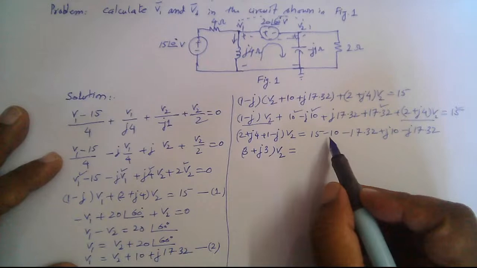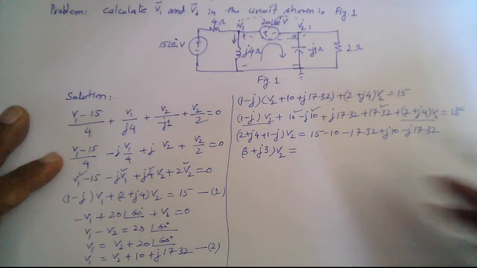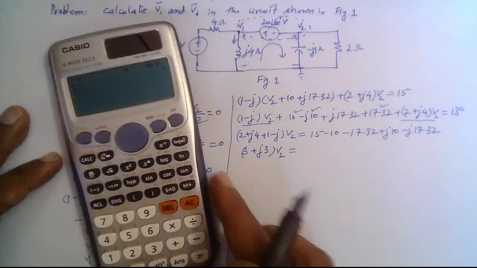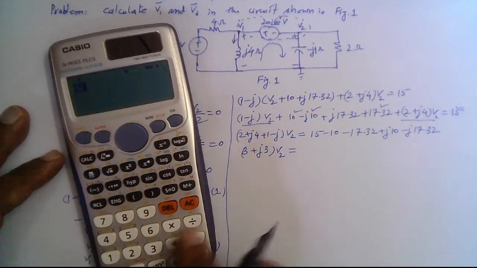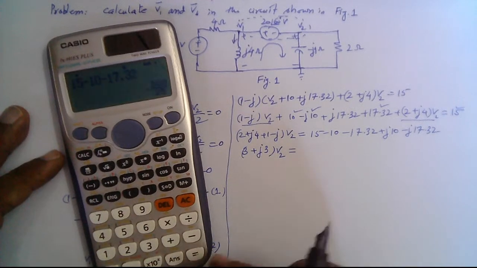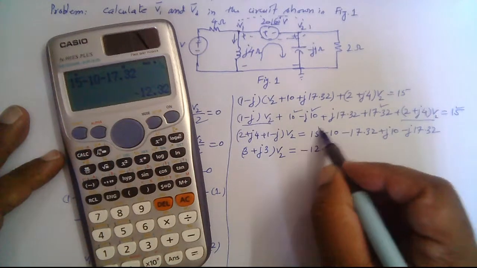10 is 5, right? And 15 minus 10 is 5 and minus 17.32. So that becomes 15 minus 10 minus 17.32. So that becomes minus 12.32, right?